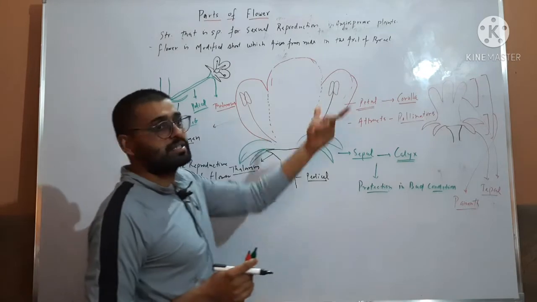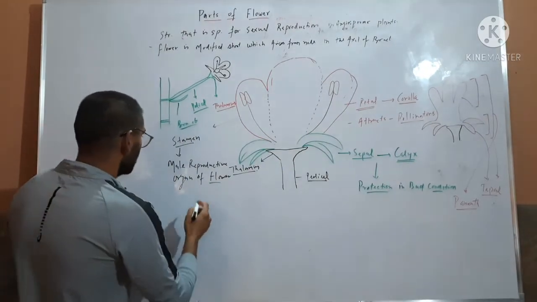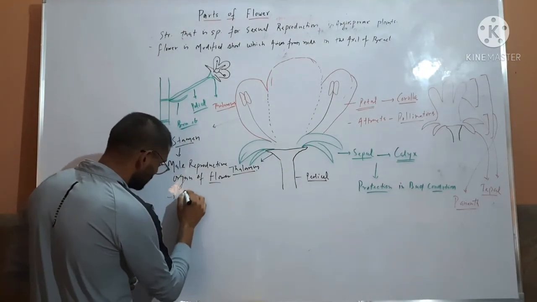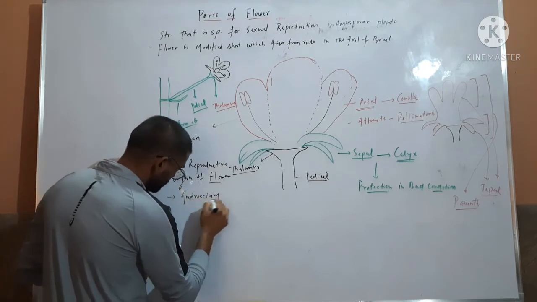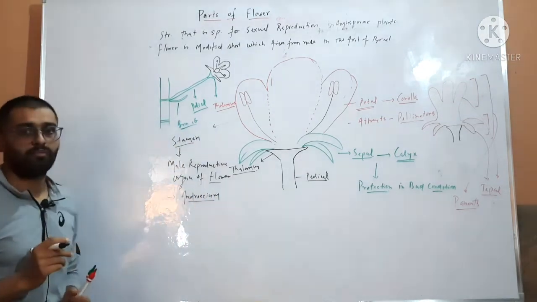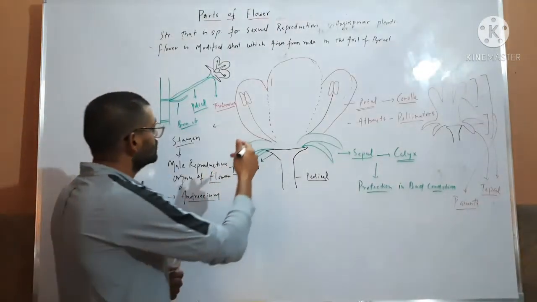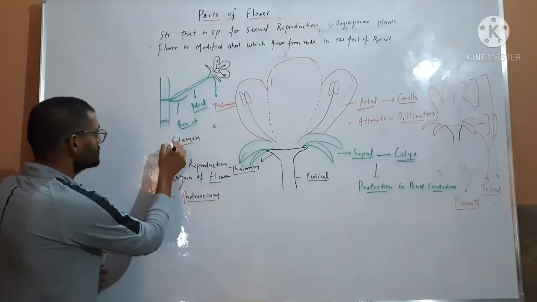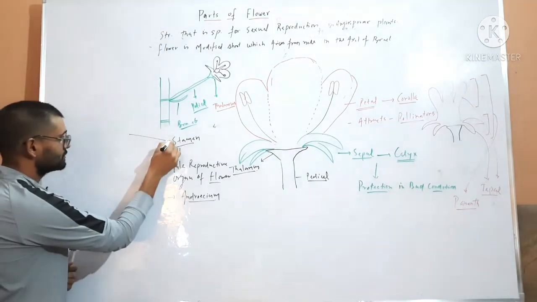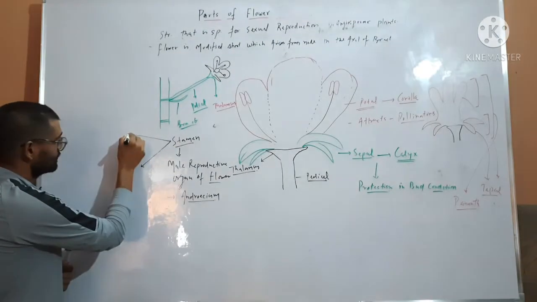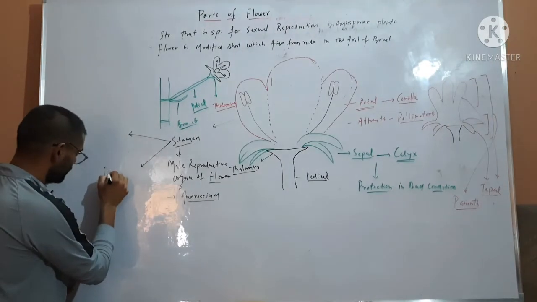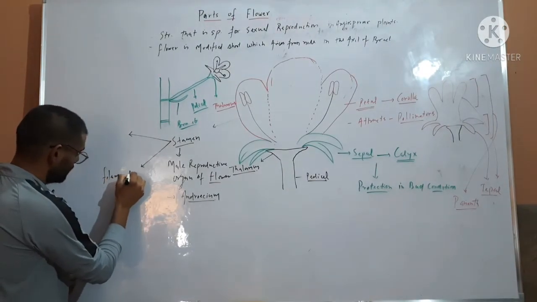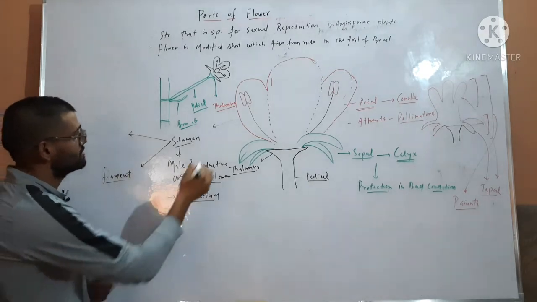Collectively, all the stamens of a flower are called androecium. The stamen consists of two parts. One is filament. This is filament.